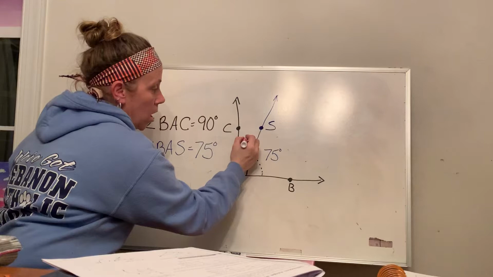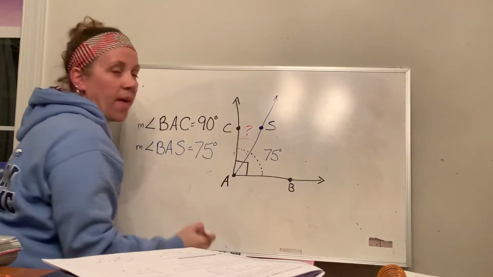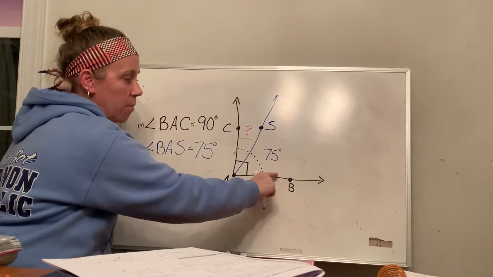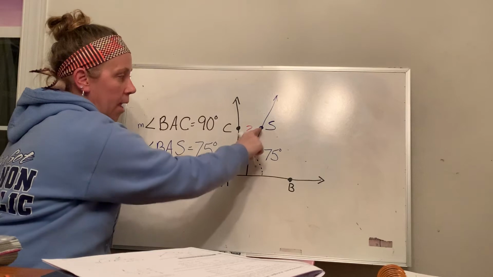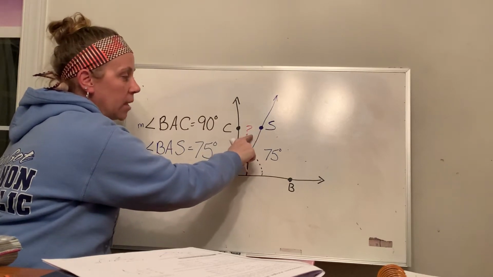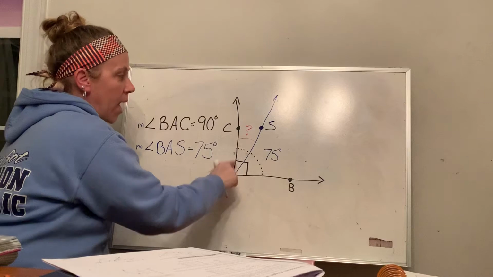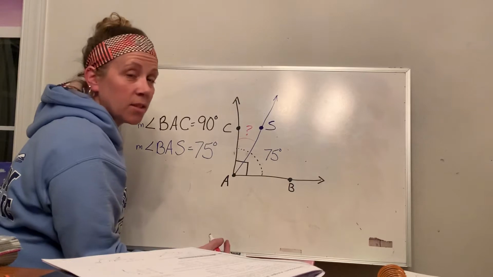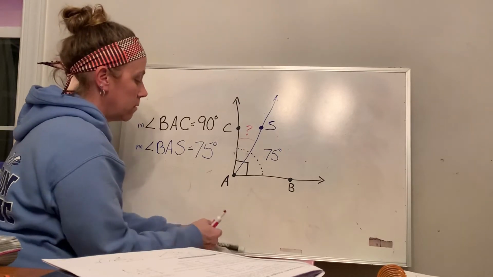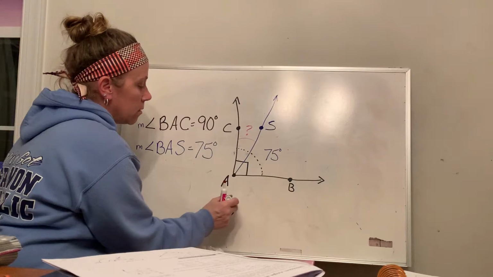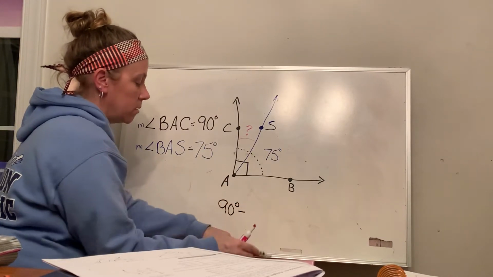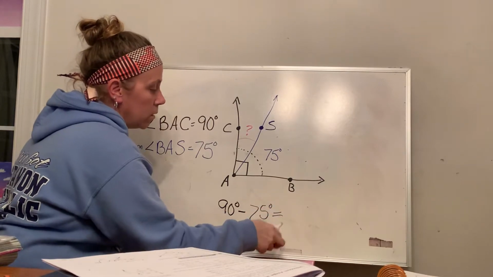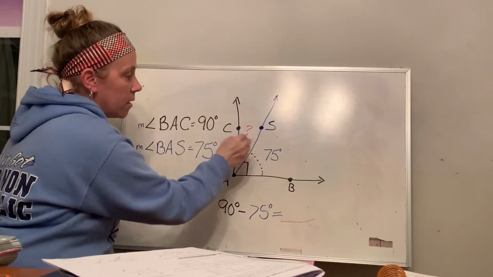So if I have 75 here from ray AB up to the blue ray, AS, then how much more do I need to get to the black ray AC to get to 90 degrees? So in essence, what I'm doing is saying 90 degrees minus the 75 degrees is going to equal that pink measurement.